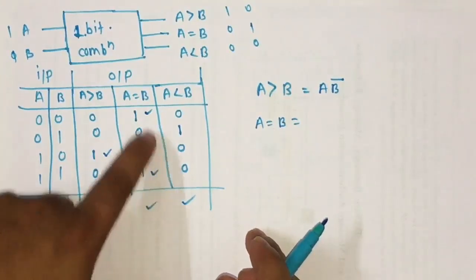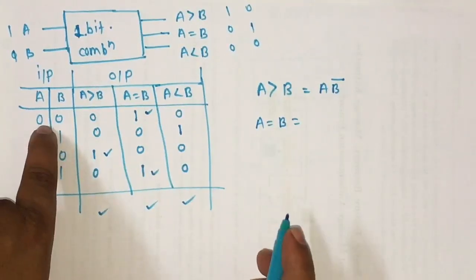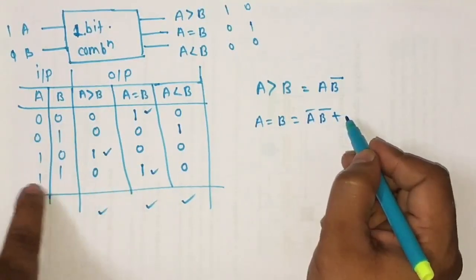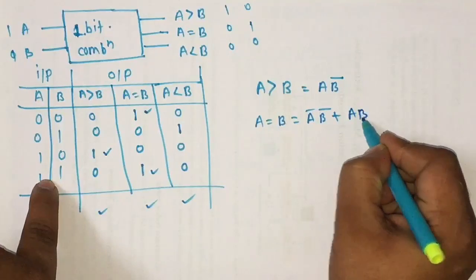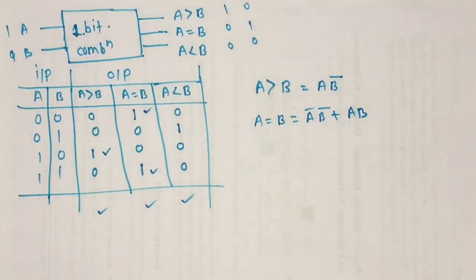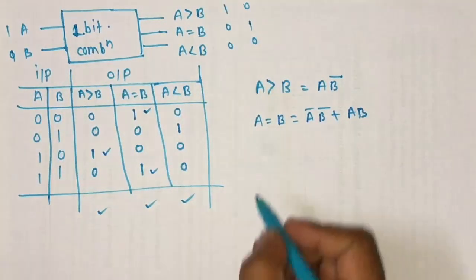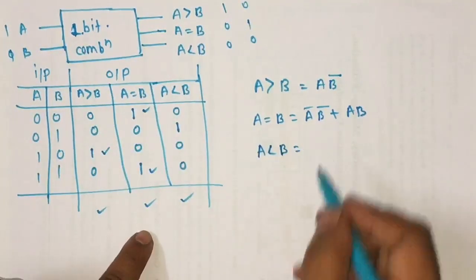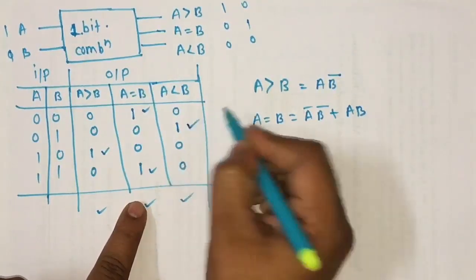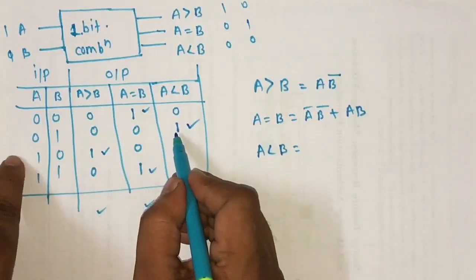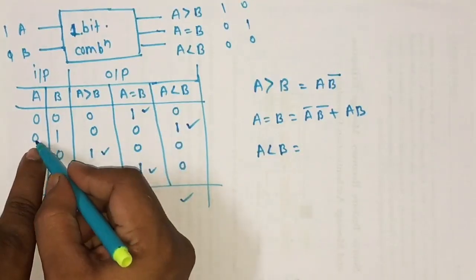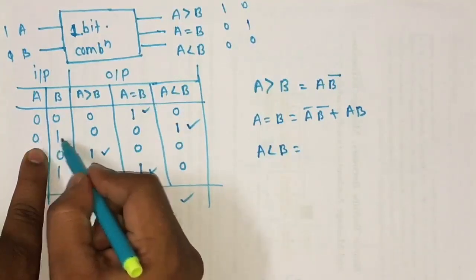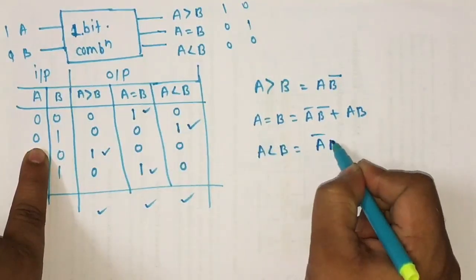For these selected cases, write the product terms: A bar B bar plus A B. And for the last case, A is less than B, consider the case where the output is 1. The product term for the selected case, 0 1, is A bar B.